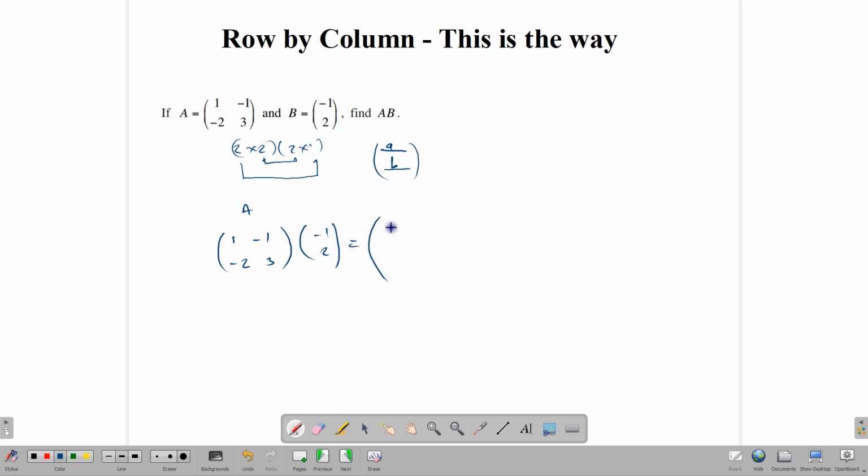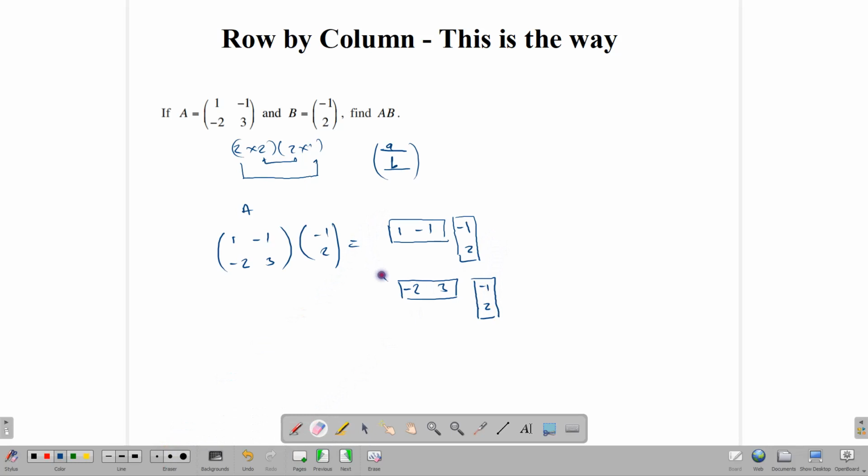So we take this row, 1, -1, and multiply it by the column -1, 2. Then we take the second row, -2, 3, and multiply it by the same column, -1, 2. This is the basic idea of how you go about multiplying a matrix.